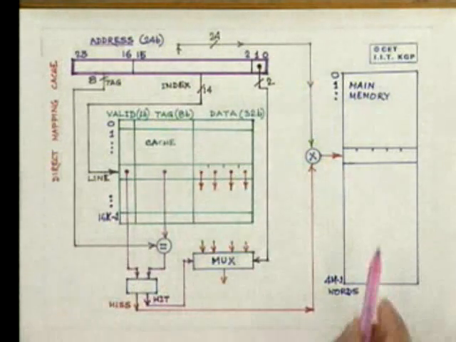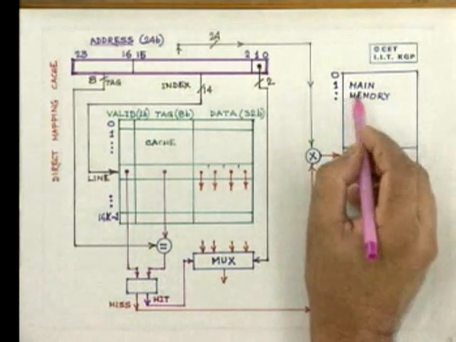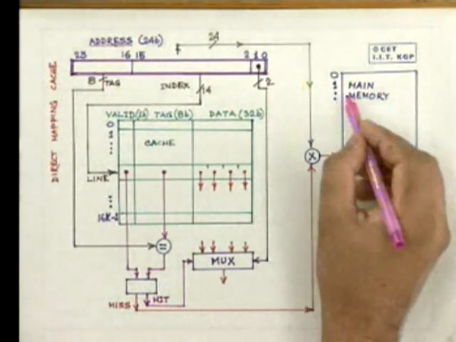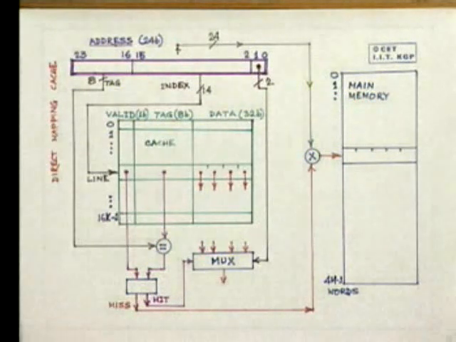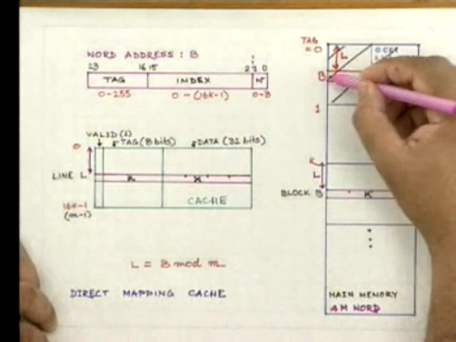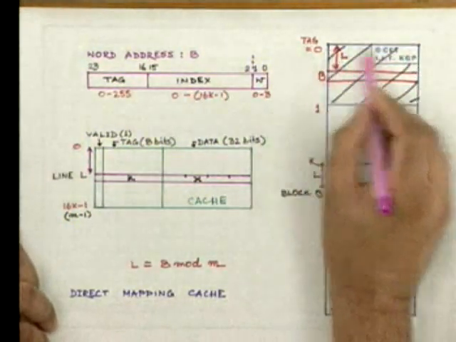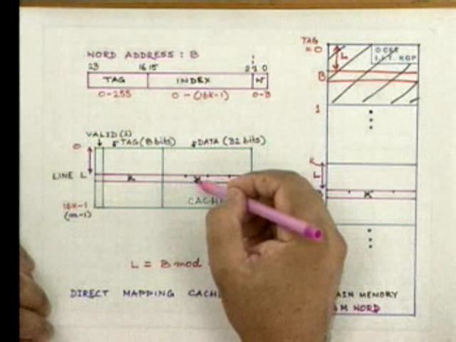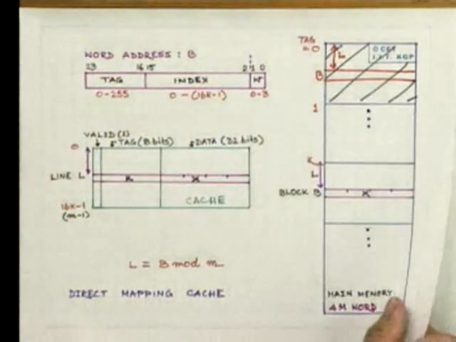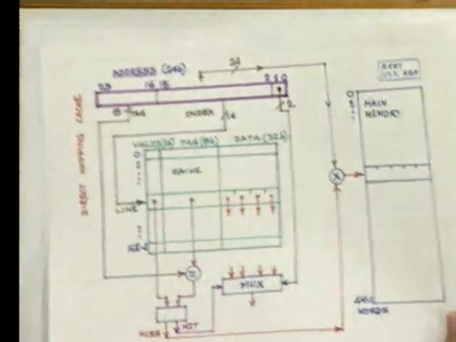Because of the mod operation, blocks which are in the same relative positions in the segment will be mapped into the same line, and that sometimes creates a problem. What problem is created, we'll see. Now let us see what advantage we get.